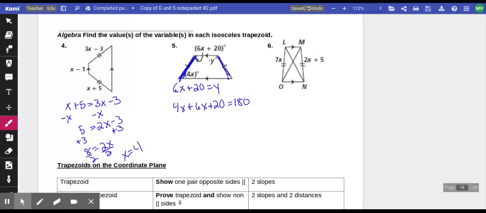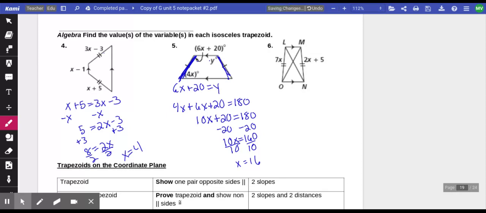equals 180. So that's 10x plus 20 equals 180. I subtract 20. 10x equals 160. Divide by 10. X equals 16.